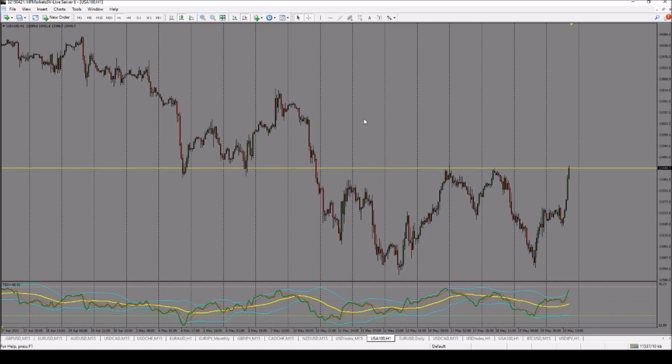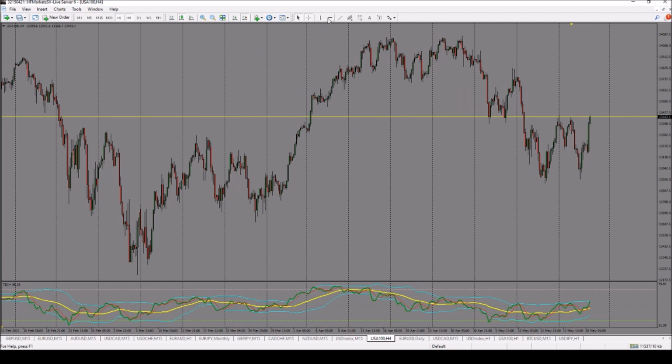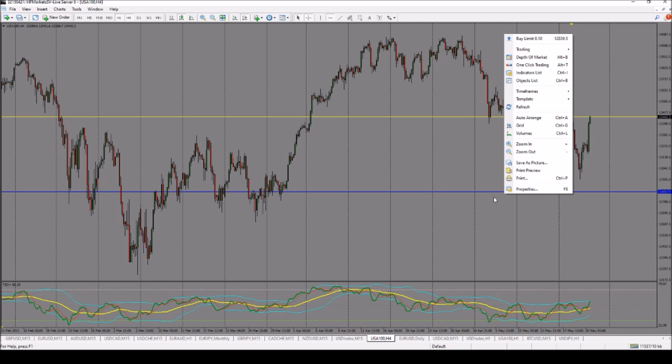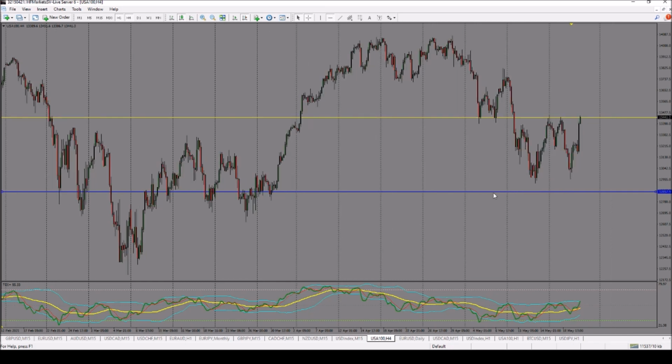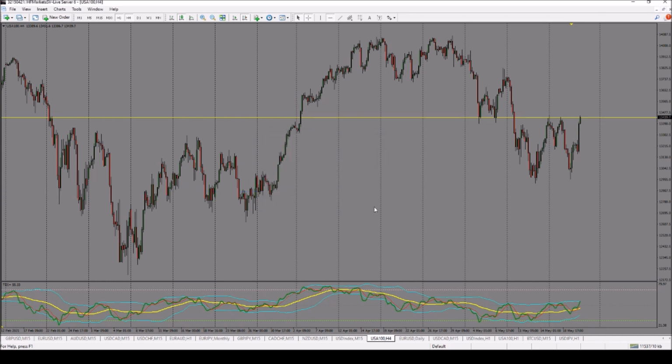After seeing that it's coming from the 12,000 handle, I would look for a whole number from that handle. In this case, the whole number is 12,000, and I can only see it if I go on the H4 time frame. So let me insert the 12,000 handle and draw a horizontal line on that value.